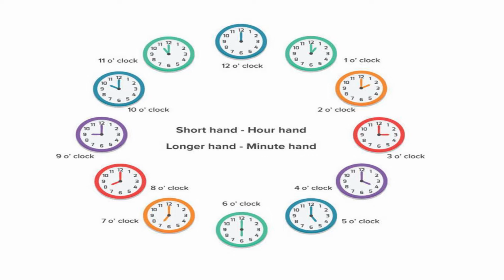So let's go. 1 o'clock, 2 o'clock, 3 o'clock, 4 o'clock, 5 o'clock, 6 o'clock, 7 o'clock, 8 o'clock, 9 o'clock, 10 o'clock, 11 o'clock, and 12 o'clock. Remember, the short hand is the hour hand and the longer hand is the minute hand. Okay? So this is how we read the time on the hour, or on every hour from 1 to 12.